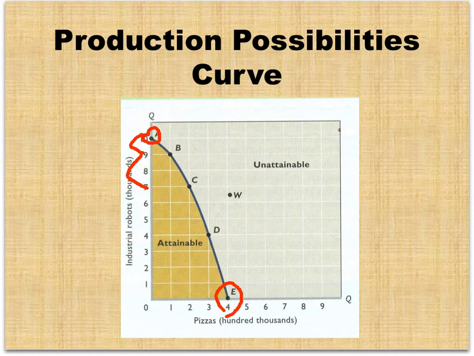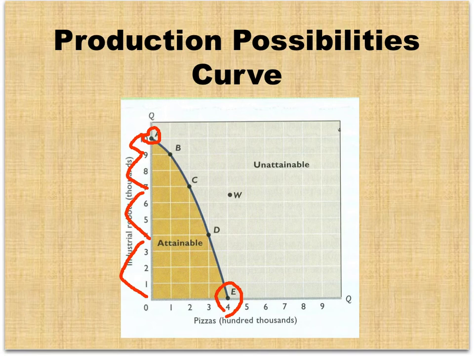And to get from C to D, which is 3 units of pizza, we have to give up a whopping 3 units of robots. And to get our final unit of pizza, 4, we have to give up 4. This illustrates the law of increasing opportunity cost. The more you make of something, the more of the alternative good you have to give up.